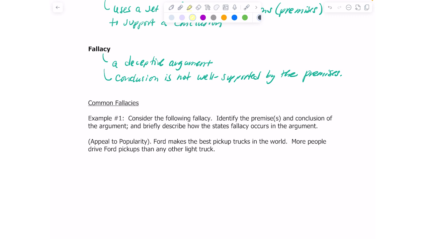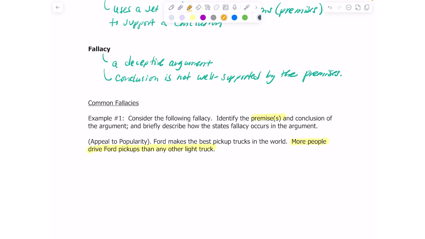Why is it deceptive? Well, the premise here, okay, so I'm going to highlight all the premises in yellow. The premise here is that more people drive Ford than any other light truck. Okay, the conclusion is actually Ford makes the best pickup trucks in the world.